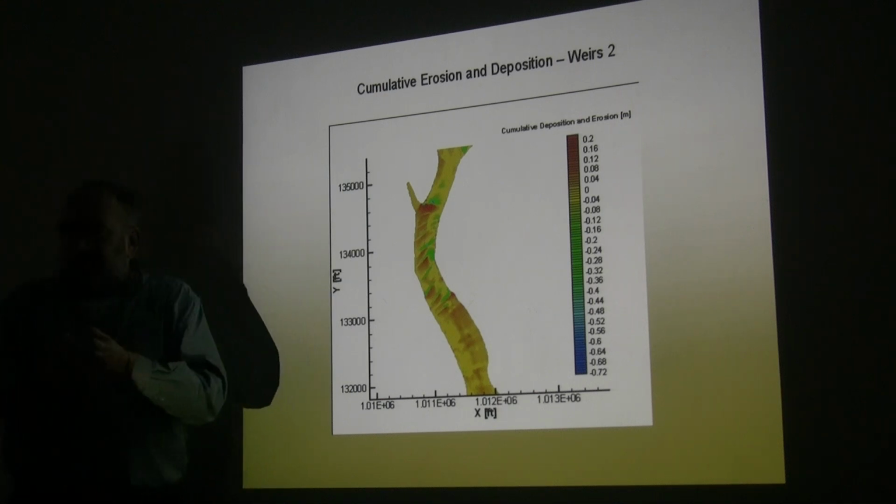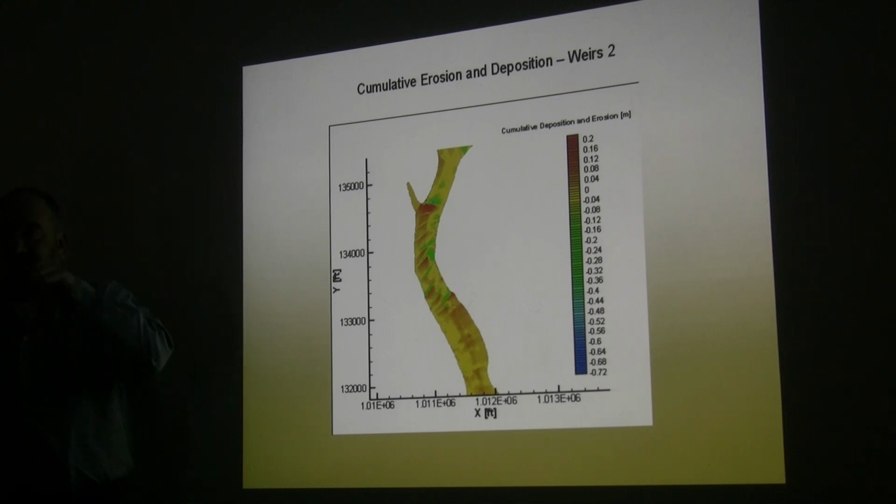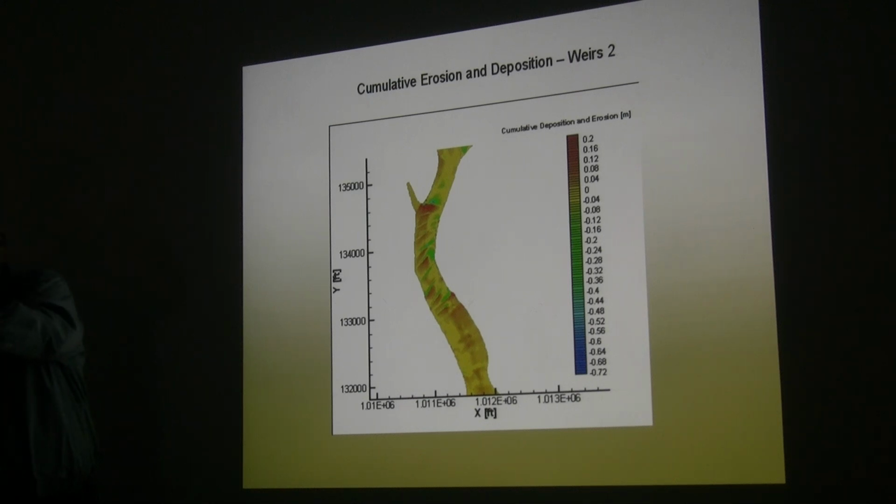What's happening when you put the submerged weir on the bottom? Flow goes over the submerged weir, accelerates, and then erodes immediately downstream from the weir, that produces erosion. Material that's eroded is depositing again further downstream.